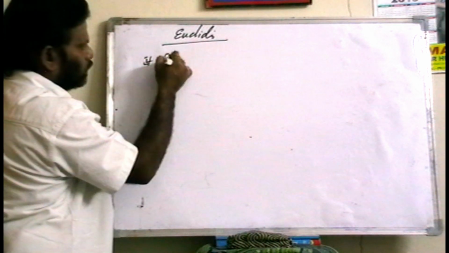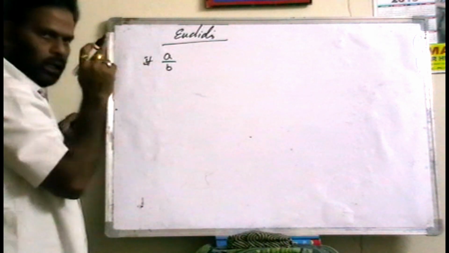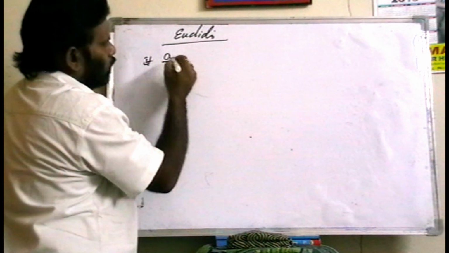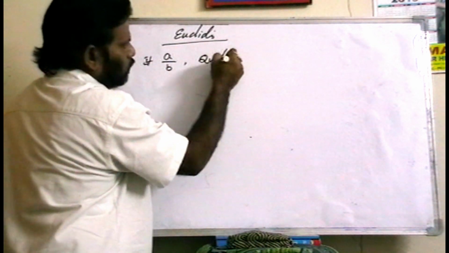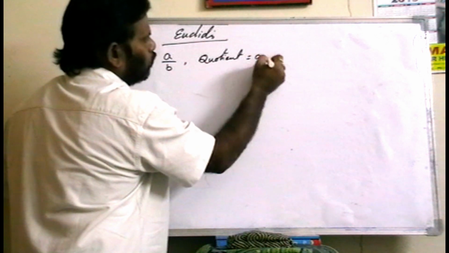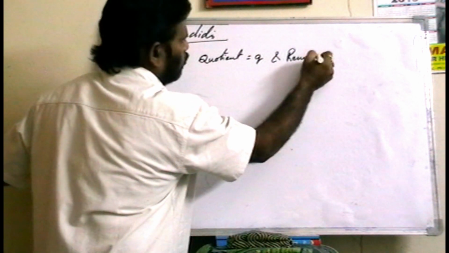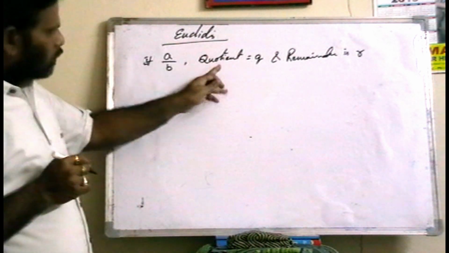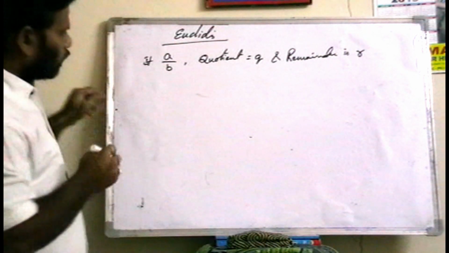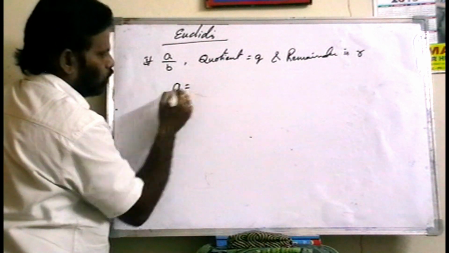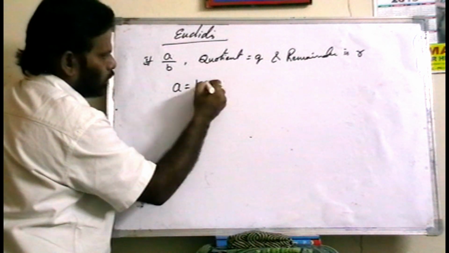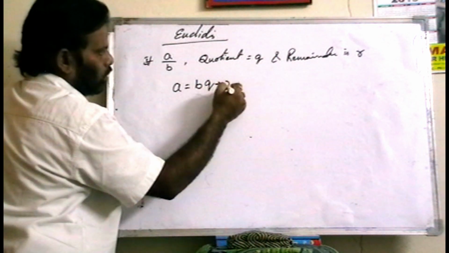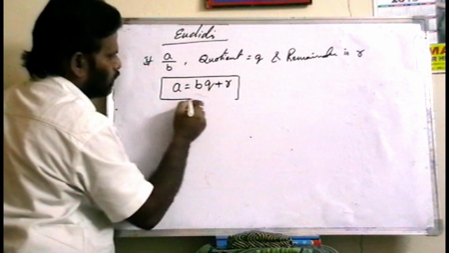Simple. If A is divided by B, where A and B are any two positive integers, where B is not equal to 0, and the quotient is Q, and the remainder is R. If A is divided by B, then we'll get the quotient Q and remainder R. Then Euclid's division rule: A, the dividend, is equal to divisor into quotient, B into Q, divisor B, quotient Q, plus remainder R. So this is called Euclid's division algorithm.